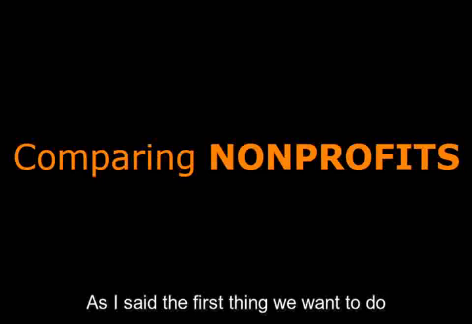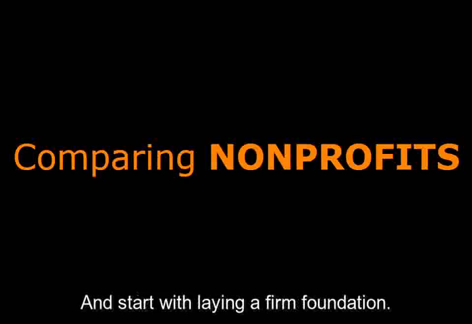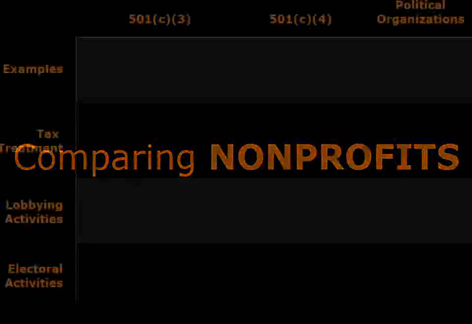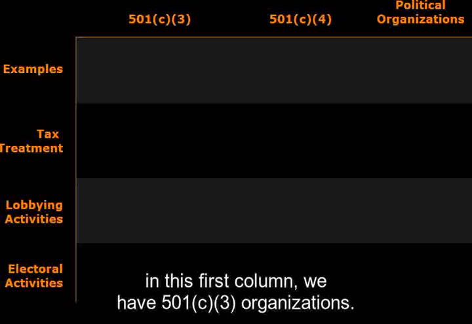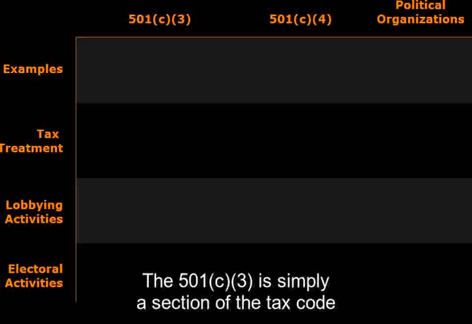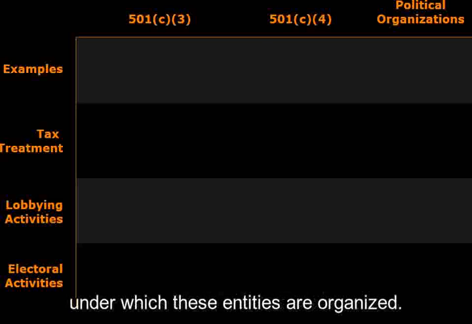As I said, the first thing we want to do is compare nonprofits and start with laying that firm foundation. In this first column, we have 501c3 organizations. And 501c3 is simply the section of the tax code under which these entities are organized.